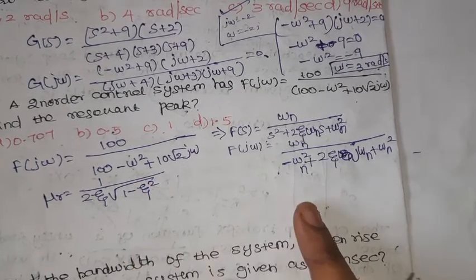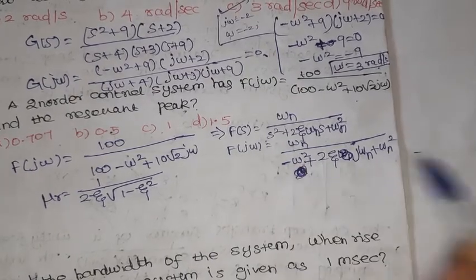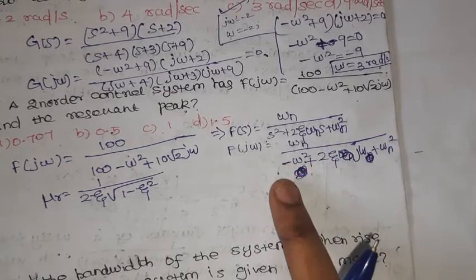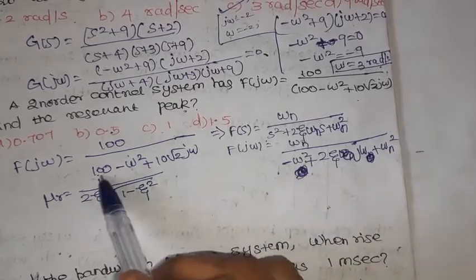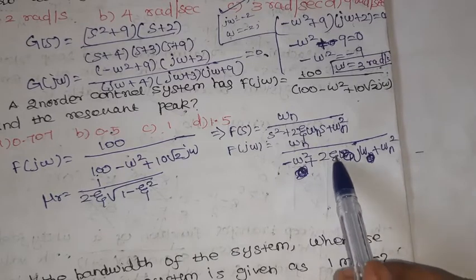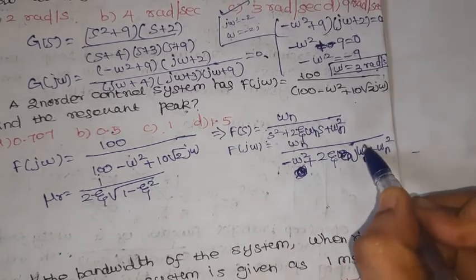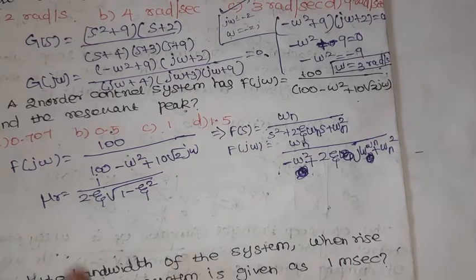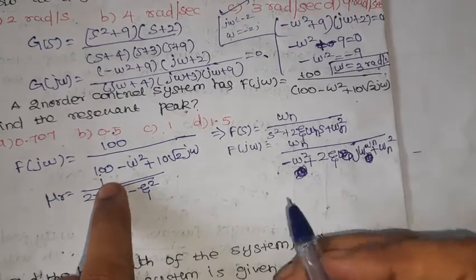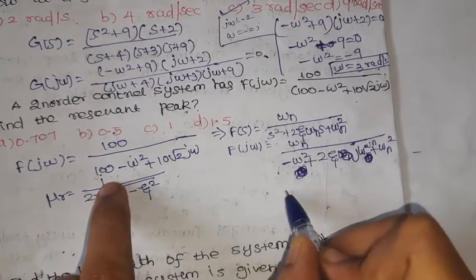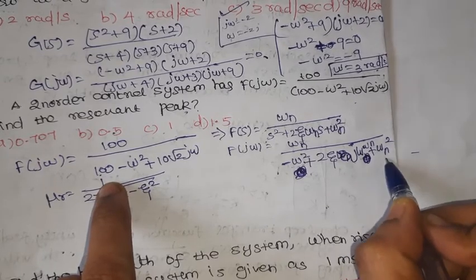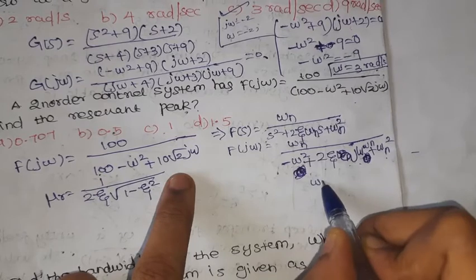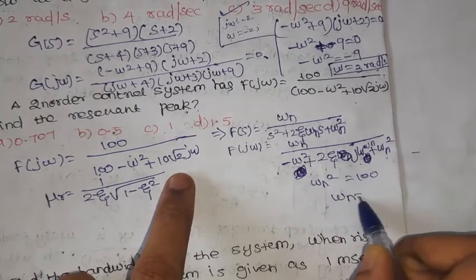Omega n squared equals 100, so omega n is 10 radians per second.